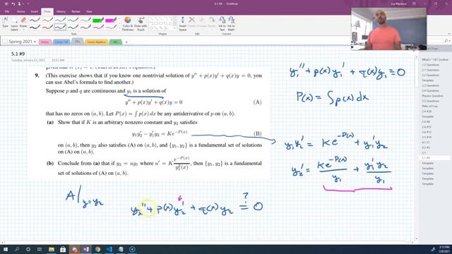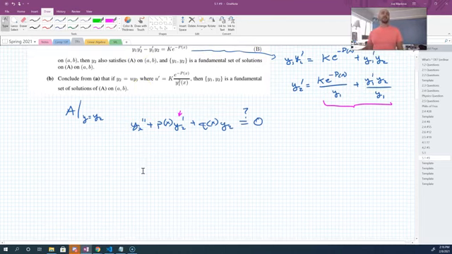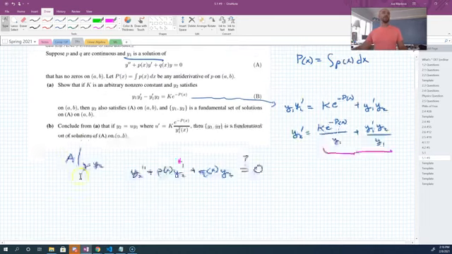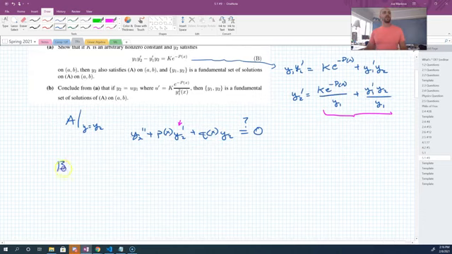This y2 double prime is really my problem, so I'm going to go on a little side quest to find that. The way I'm going to do that is take my equation in part B and hit it with d dt. So I'm going to start with equation B, right?